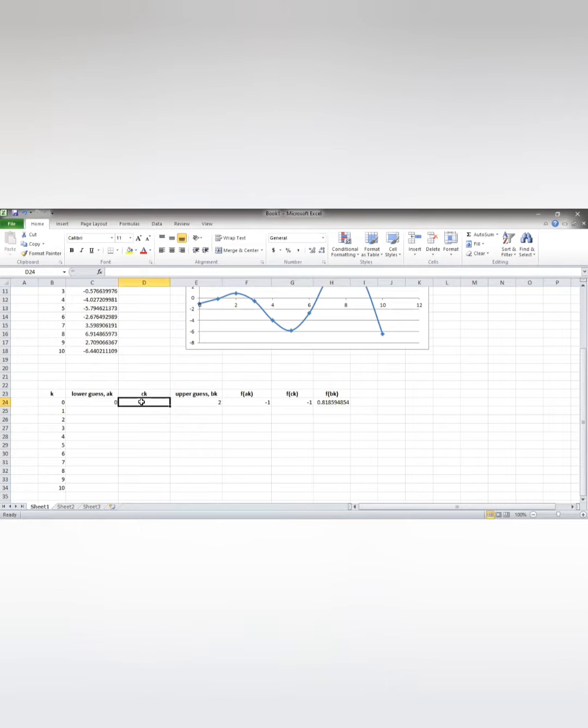Okay, for the CK value, we have here B minus FBK times (B minus A).